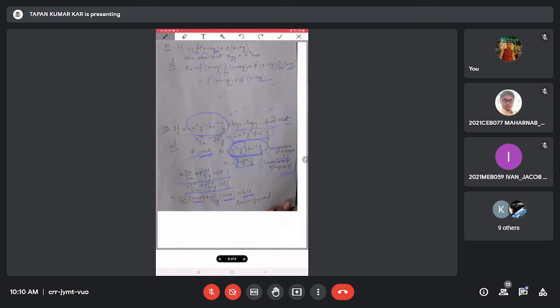You can do it in the normal way by taking the partial derivative with respect to x, multiplying this by x, again taking the partial derivative with respect to y, and then multiplying this by y. But I would suggest you do it in this way.